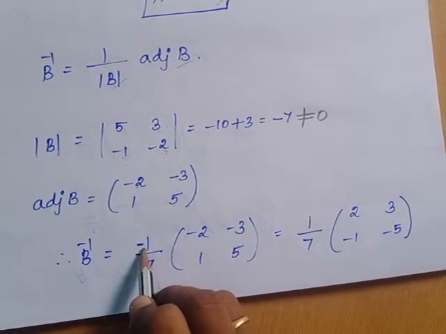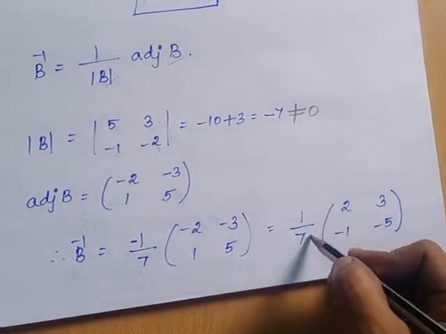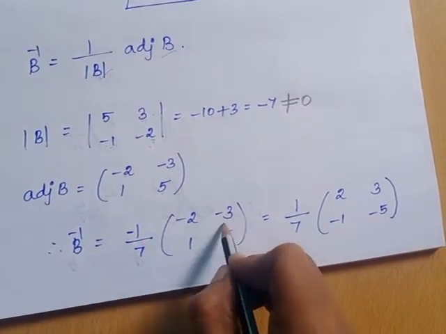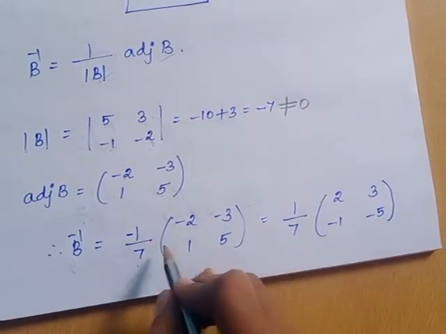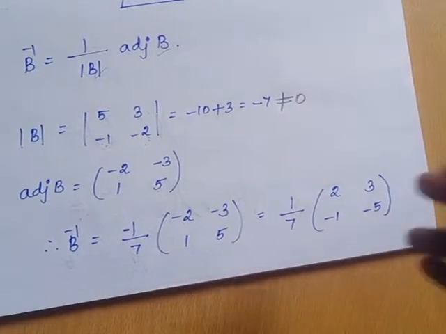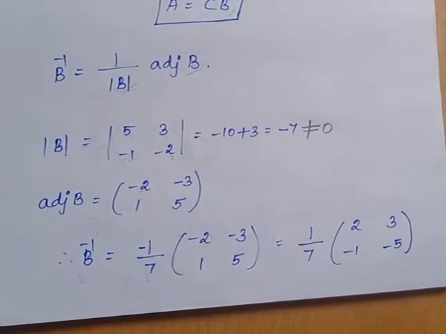You just multiply the minus with the matrix. So 1 by 7 into minus is plus, so plus 2. Minus 1 into minus 3 is 3. Minus 1 into 1 is minus 1. Minus 1 into 5 is minus 5. This is the B inverse matrix.